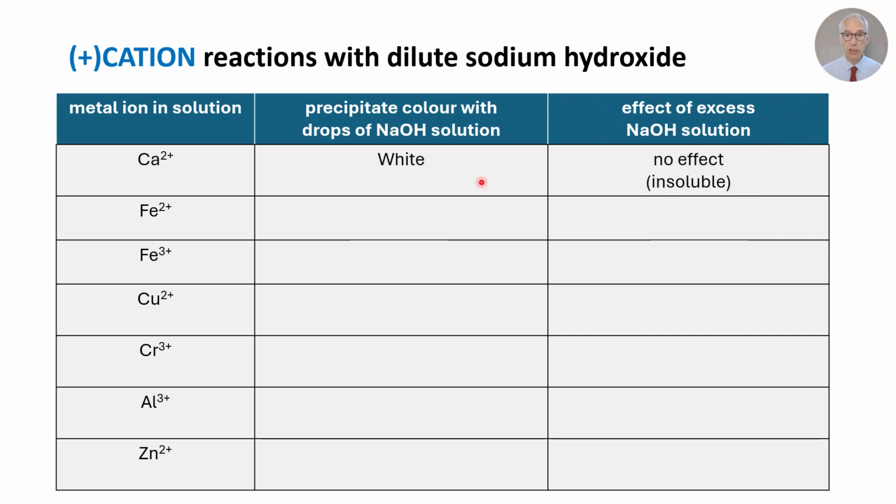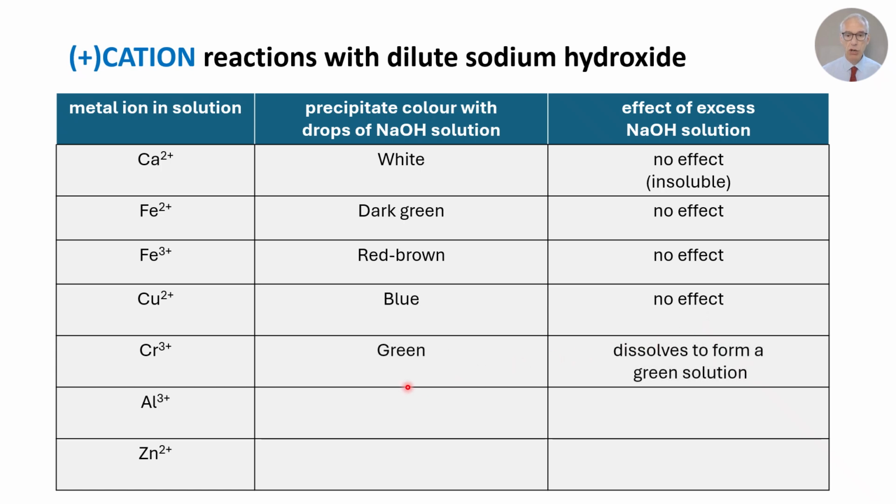So calcium is white, it is insoluble in excess. Iron 2, dark green, insoluble. Iron 3, red-brown, insoluble. Copper 2+, blue precipitate, insoluble. Chromium 3 is green. It dissolves to form a green solution.